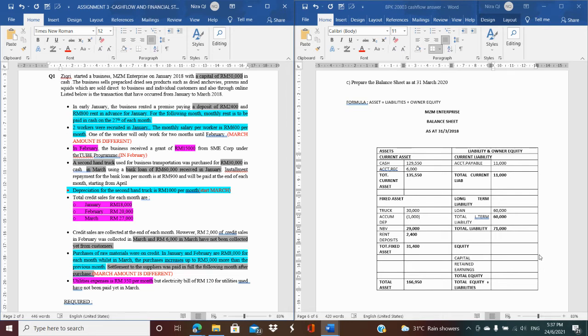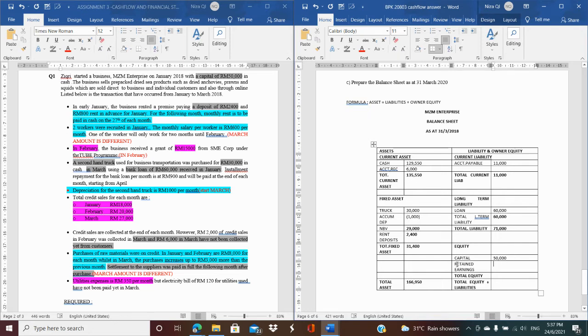Even though it's in January, it is still there in the company, so for each month you will have to state this amount. So the amount brought in by the owner is 50,000, and you put the amount 50,000.